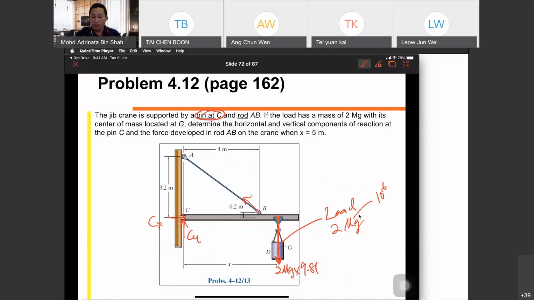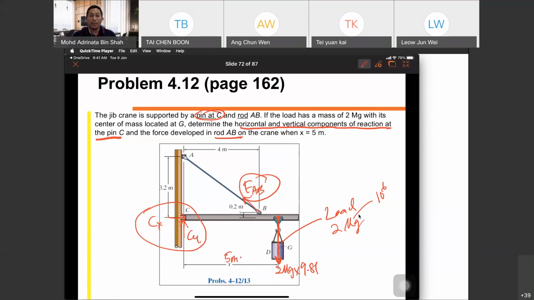Determine the horizontal and vertical components of reaction at pin C and the force developed in rod AB. So it wants to know these and also FAB, when X equals 5 meters. So just substitute it in.